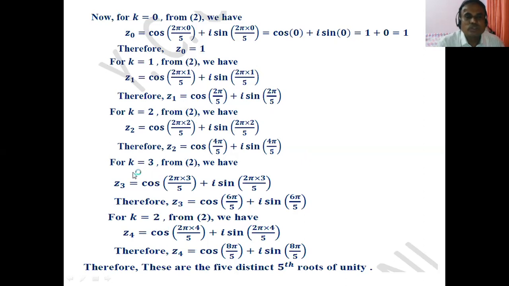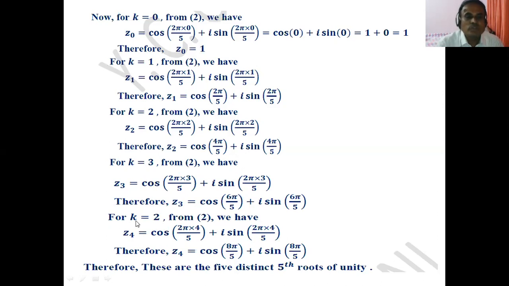Now we put k equal to 3 in equation 2, and therefore z3 equal to cos of 2 pi into 3 upon 5 plus i sin 2 pi into 3 upon 5, so z3 equal to cos of 6 pi upon 5 plus i sin 6 pi upon 5. This is the fourth root of the given equation.